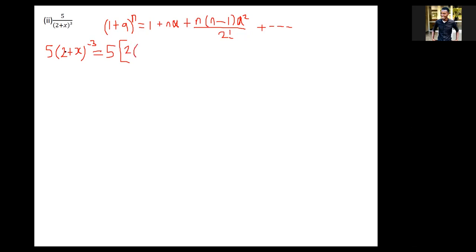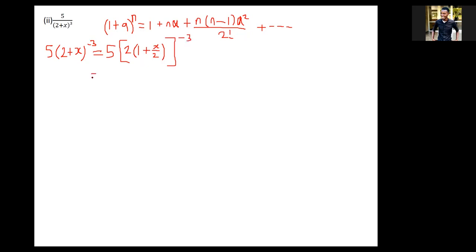Then when I divide this 2 by 2, I'm going to get a 1. When I divide this x by 2, I'm going to get x over 2 as my answer. So this is such that when I multiply 2 times 1, I'm going to go back to 2, and when I multiply 2 times x over 2, this 2 will cancel with that 2, and I'm just going to remain with x there. So this is how it is. So now all this is raised to power -3.